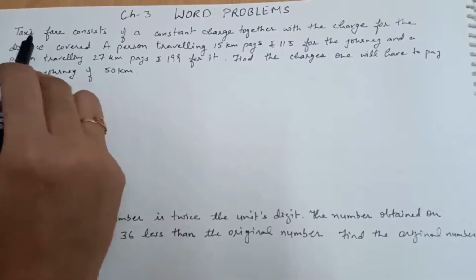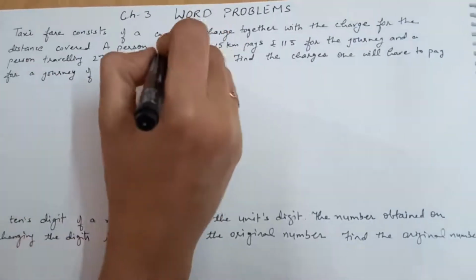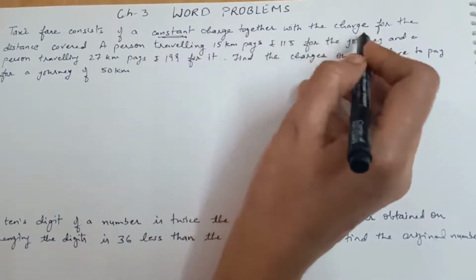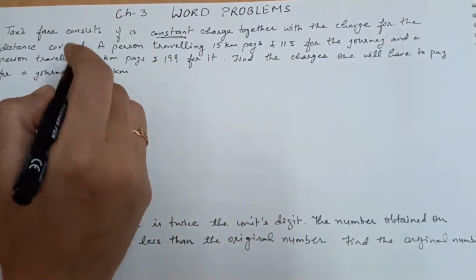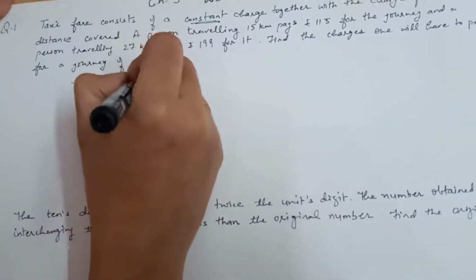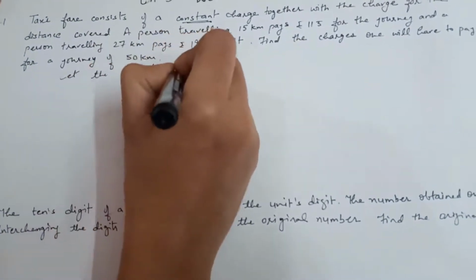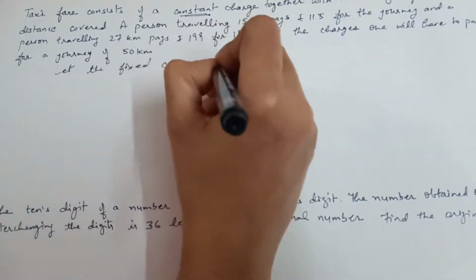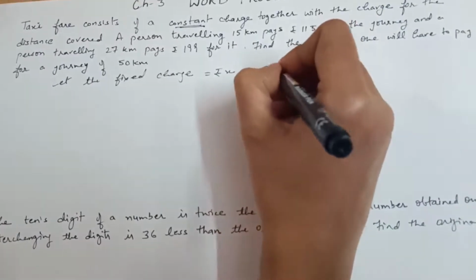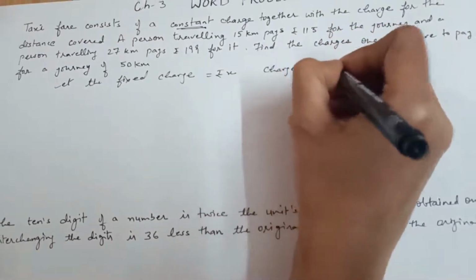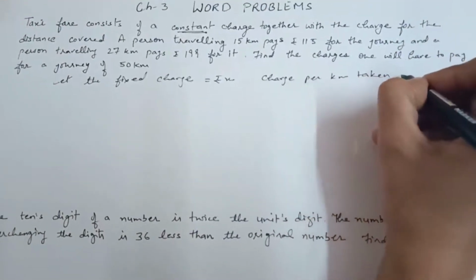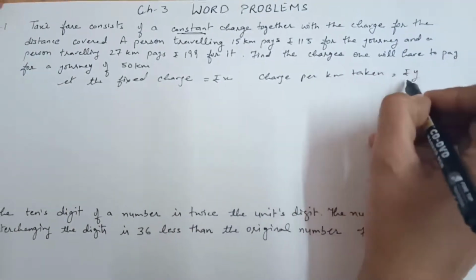It means if you are going by a taxi, one fixed charge, a constant charge, he will be taking with you together with the charge for the distance covered. So let the fixed charge he will take be rupees x, and the charge per kilometer taken by him be rupees y.